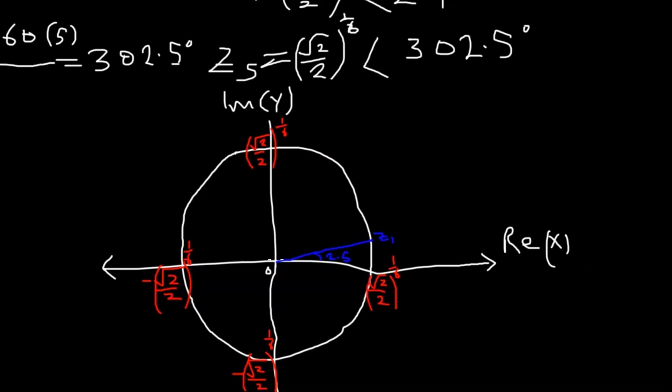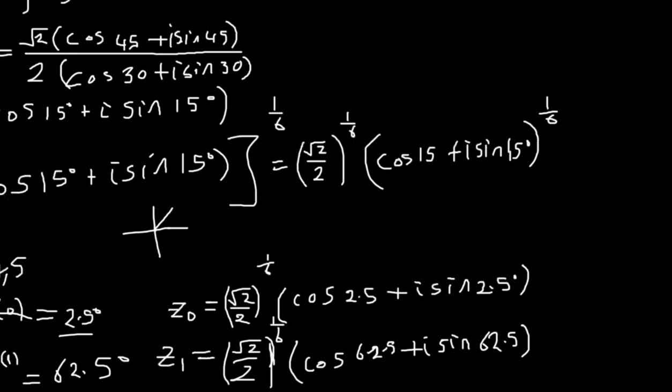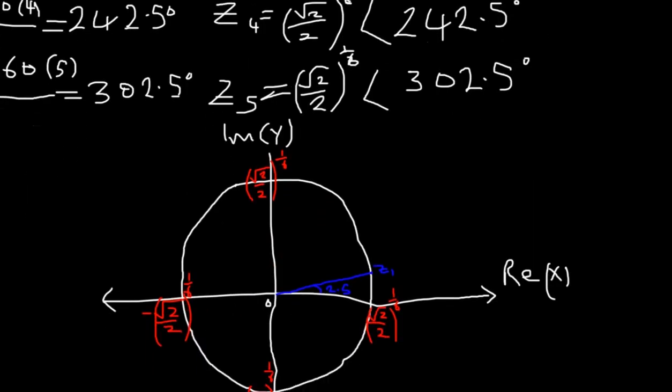Then I'll measure another angle now, which is 62.5. When I subtract 2.5 from it, I'm going to measure a 60 degrees angle from this line to that. So 60 is going to be somewhere there. So this is going to be my Z2. So I'll put 60 there.